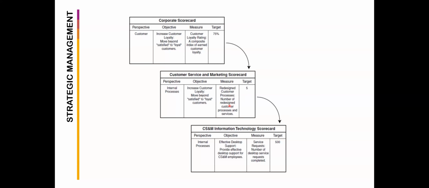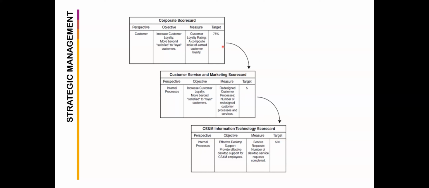Okay, and to help them achieve this objective, they have to rely on supporting departments such as the IT department. From the IT department, what they need to do is to provide effective IT support or desktop support, so that they are able to service at least 500 requests from the customer service and marketing department.